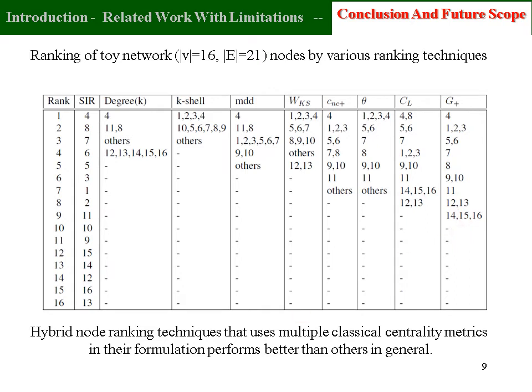So what we observe from this computation on the toy network is that most of the hybrid ranking techniques, which use multiple centrality metrics in their formulation, perform better in general than the individual degree, KSL or MDD, as they get the benefits of both the local centrality as well as the global centrality.